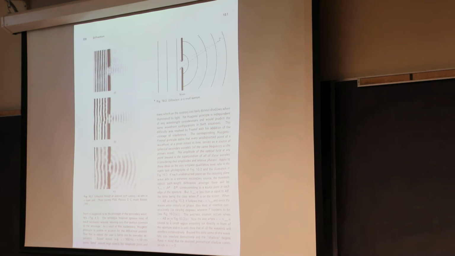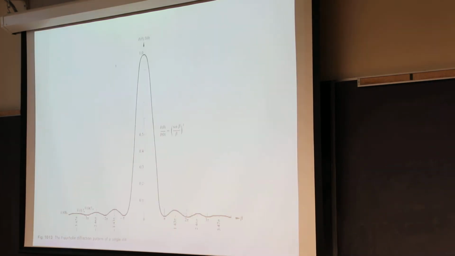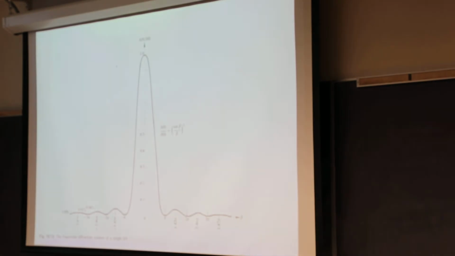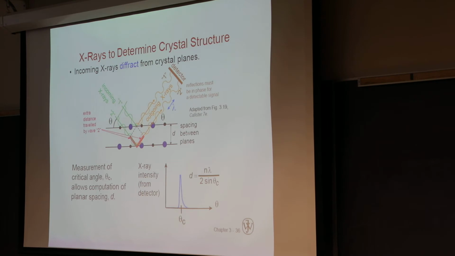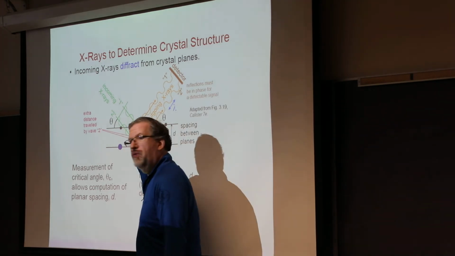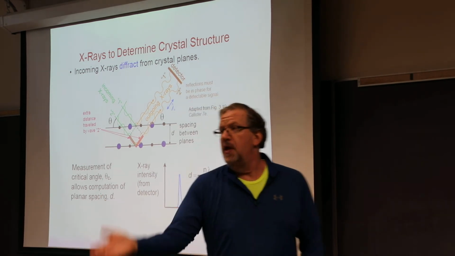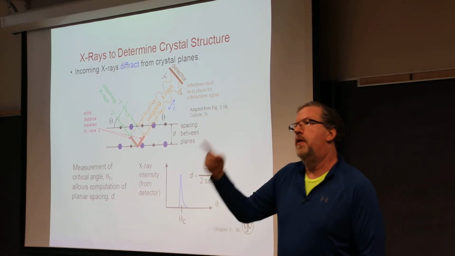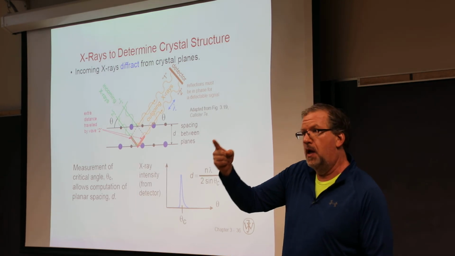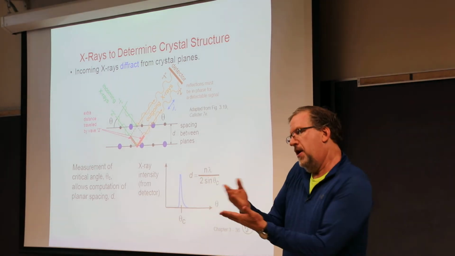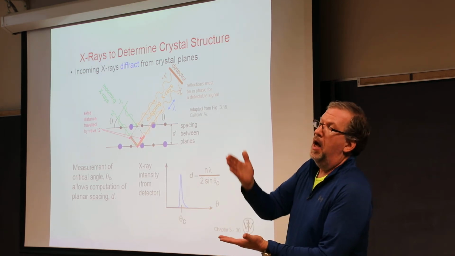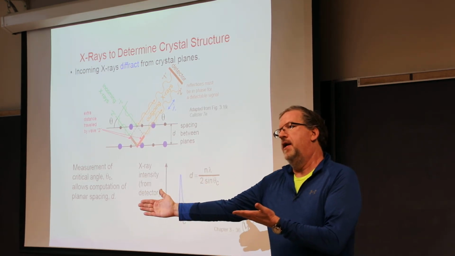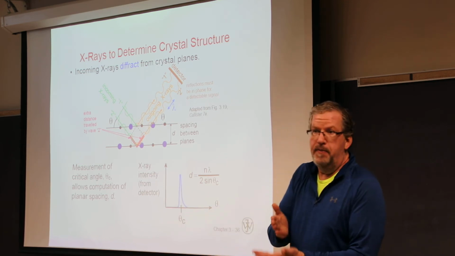You could verify its crystallinity and its diffraction pattern, and that would determine whether the growth was satisfactory or not. Because you're not going to go through all that labor, time, and expense of microfabrication of an LED if the wafer is flawed from the beginning.